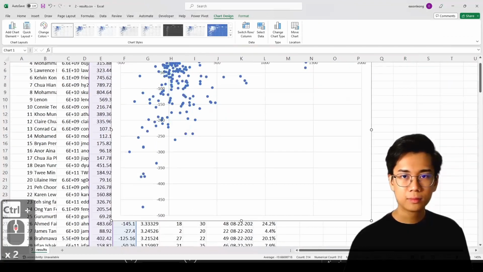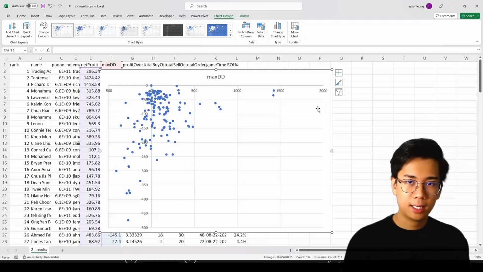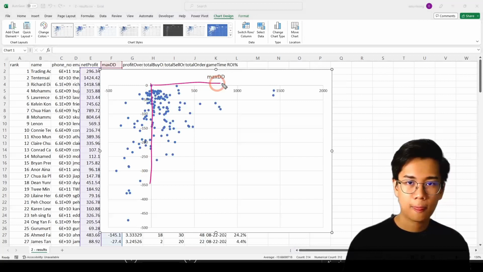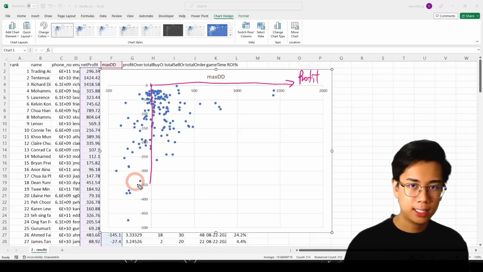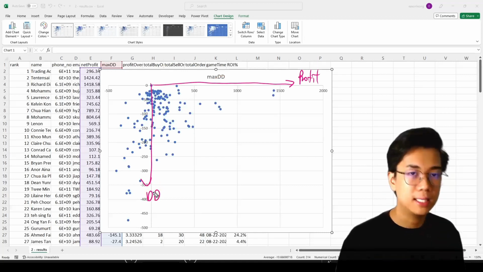How to read this chart: this is your profit, and this will be your drawdown, meaning the maximum losses that you ever incurred in your account.